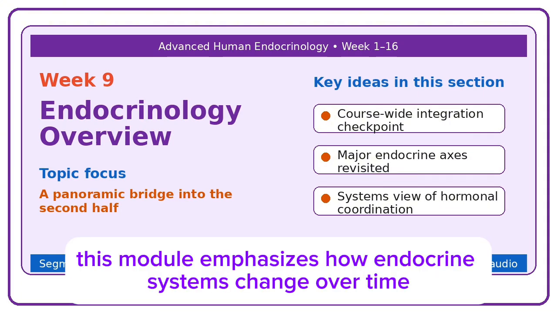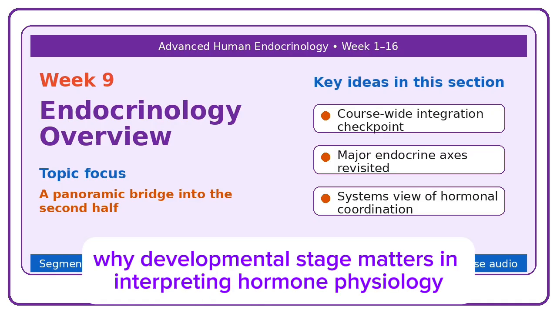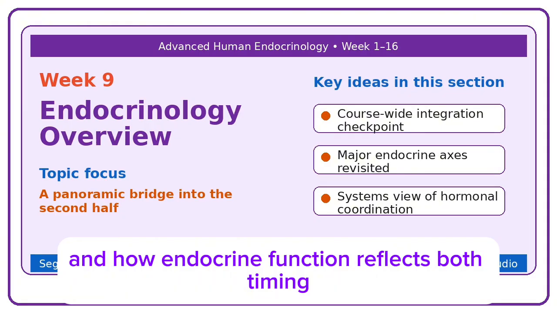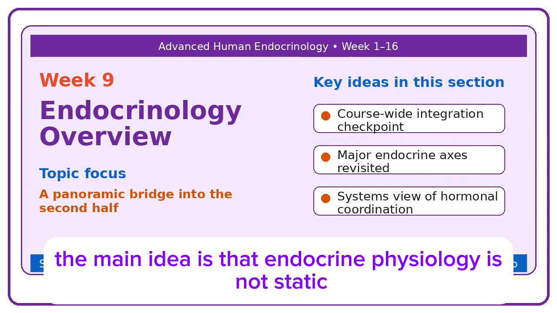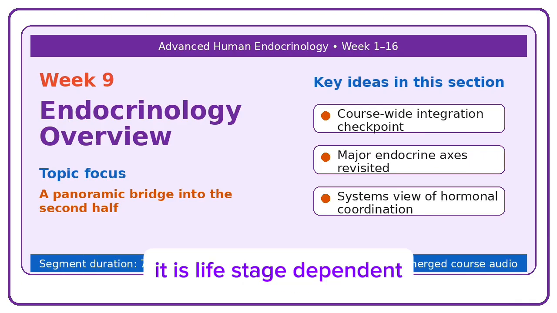This module emphasizes how endocrine systems change over time, why developmental stage matters in interpreting hormone physiology, and how endocrine function reflects both timing and physiological context. The main idea is that endocrine physiology is not static, it is life stage dependent.